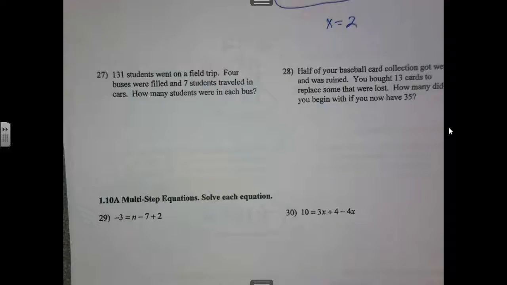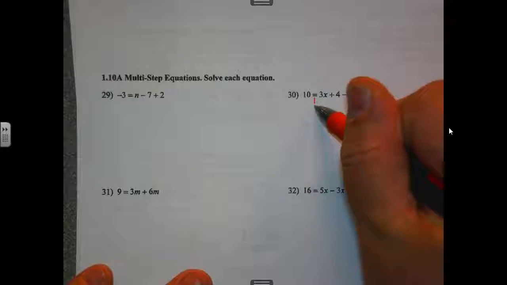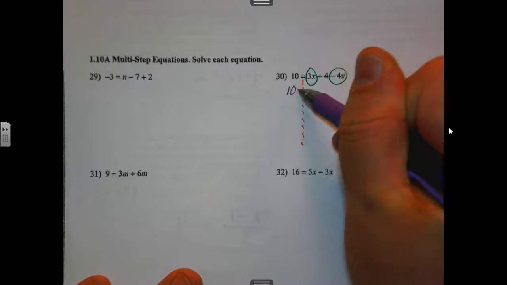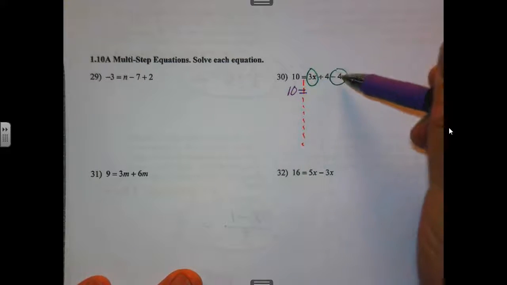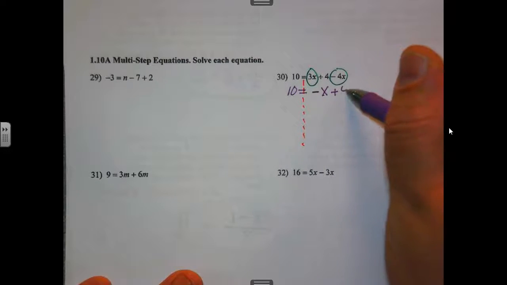All right, let's go on to multi-step equations. Number 30. We're back to equations. Highly suggest separating the two expressions, sides, whatever you want to call them. Here, I have like terms on the same side of the equal sign. So I'm going to combine those first. 3x minus 4x is a negative 1x, or negative x, plus 4.